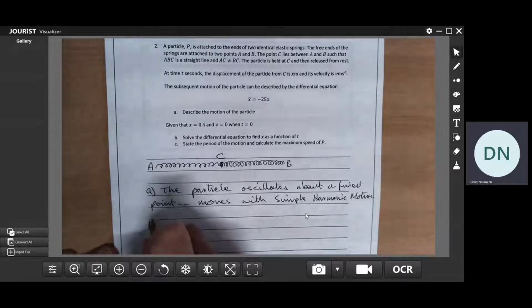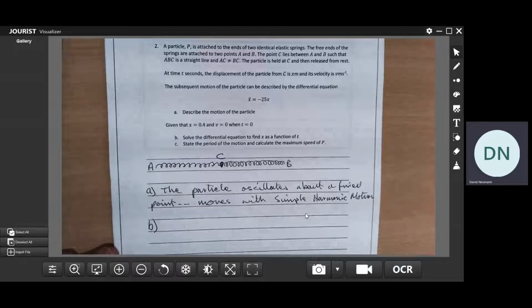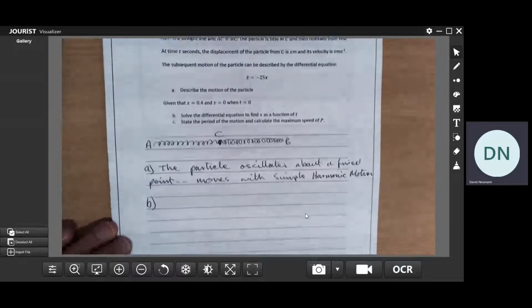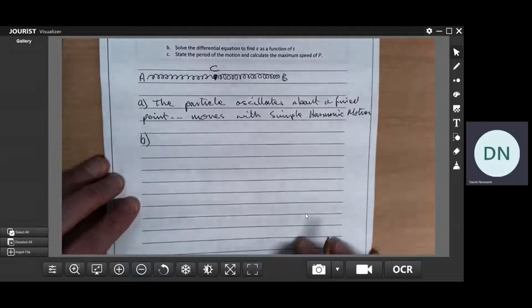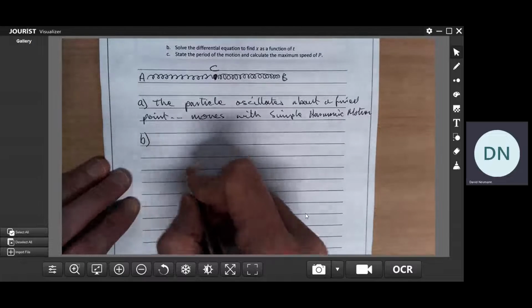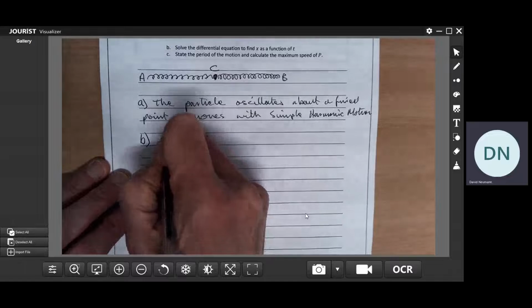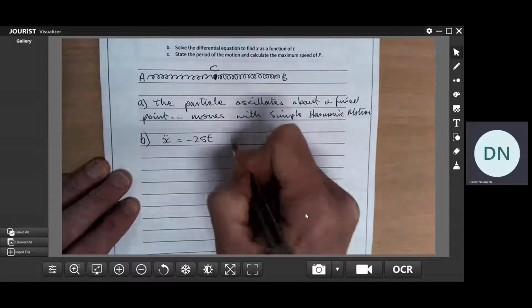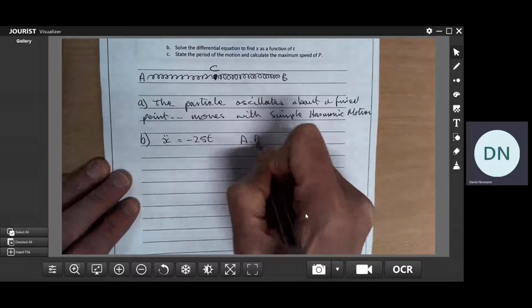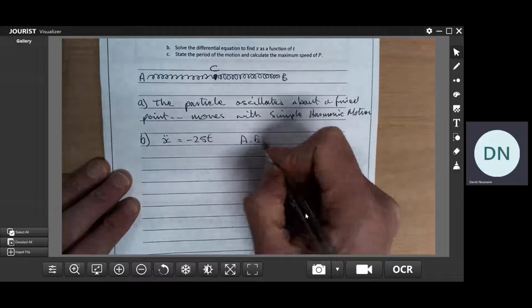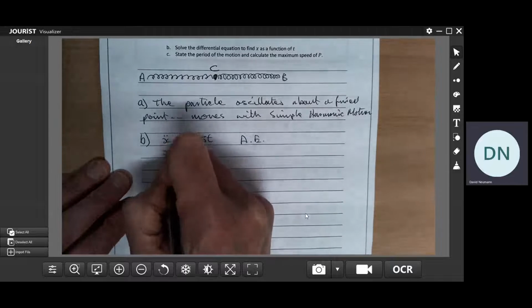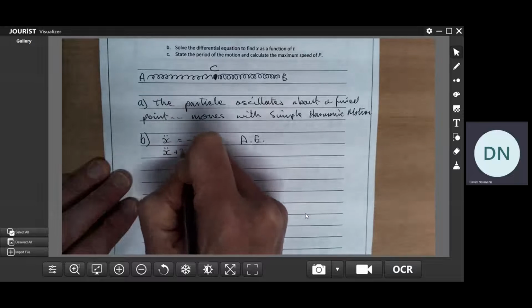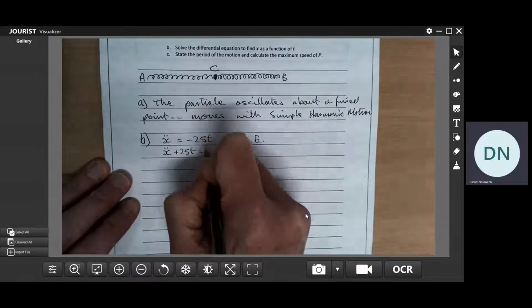Okay, so part B says solve the differential equation to find x as a function of t. So we've got x double dot equals minus 25x. So our auxiliary equation is, let's just rewrite this, x double dot plus 25x equals 0.